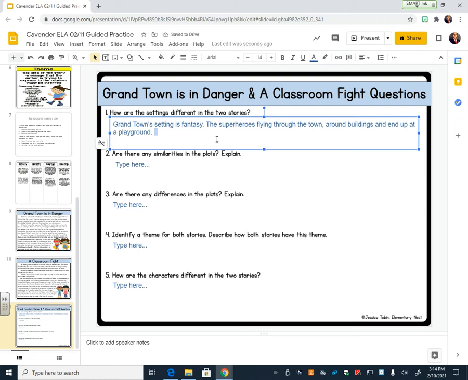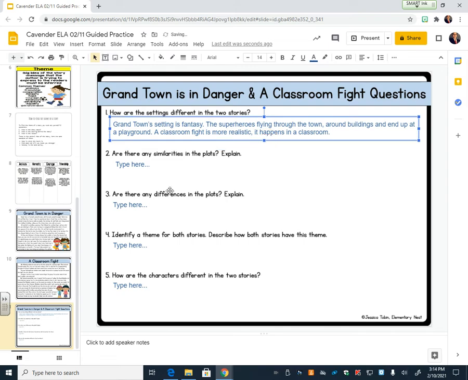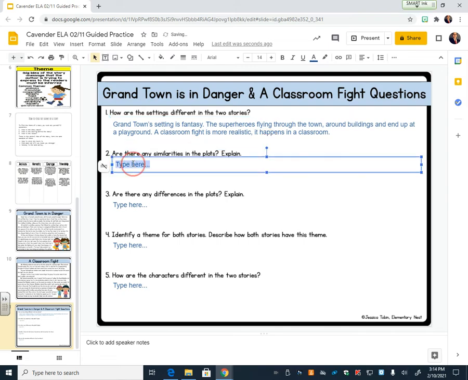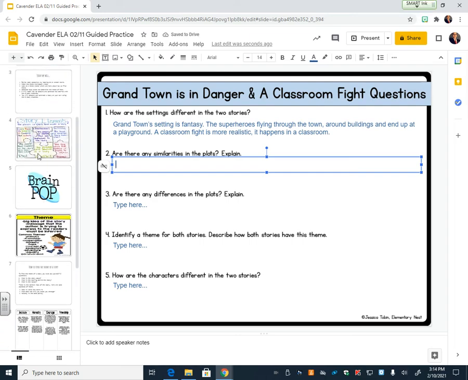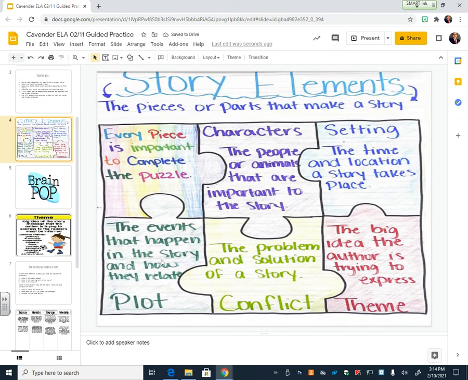So a classroom fight is more realistic. It happens in a classroom. All right. So, are there any similarities in the plots? So, remember, plot is the events that happen in the story and how they relate.